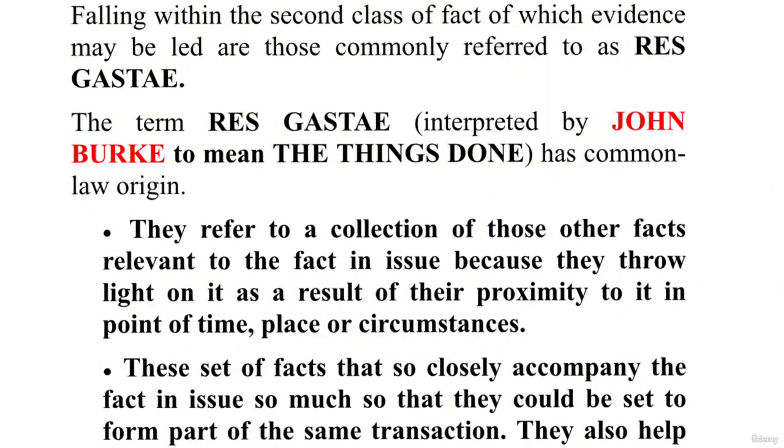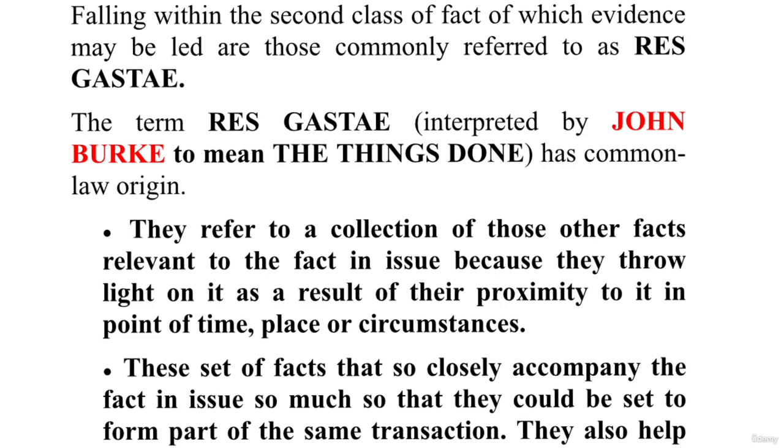Falling within the second class of facts of which evidence may be led are those commonly referred to as res gestae. The term res gestae, interpreted by John Burke to mean the things done, has common law origin.